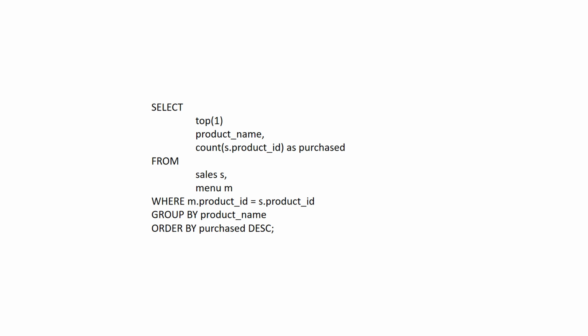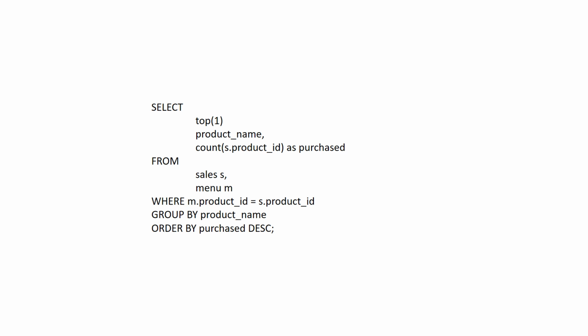So this specifies the join condition for the sales and menu tables, joining the tables on the product id column. Okay. Next, I have used group by product name. So what this will do, this groups the result by product name, which means that the count of purchases will be calculated for each product separately.